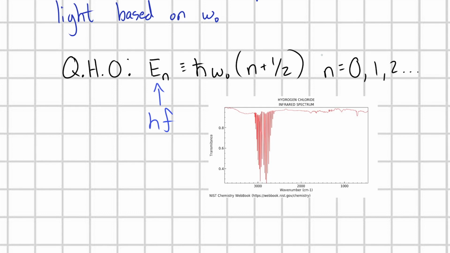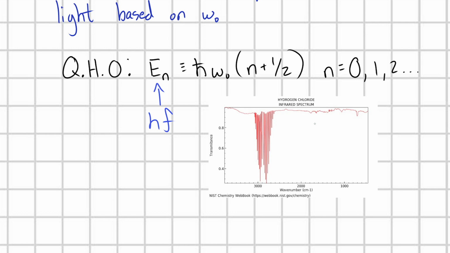We're not even mentioning rotational modes or anything of that nature at all. But we can start to get the basic idea here. By shooting light at different wave numbers, and we can see that these wave numbers correspond to light in the infrared spectrum, these molecules are going to absorb the light at discretized locations.